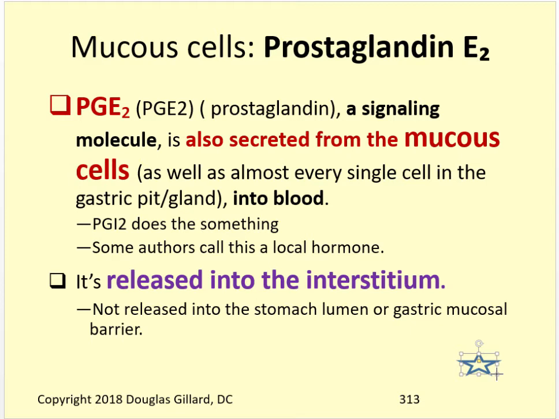In fact, almost all the cells secrete PGE2 into the bloodstream. Some authors call this a local hormone because it is secreted into the bloodstream. It doesn't go into the mucus. It's secreted out the basolateral portion, out the bottom of the cell. So it doesn't get into the lumen. It doesn't get into the gastric mucosal barrier.